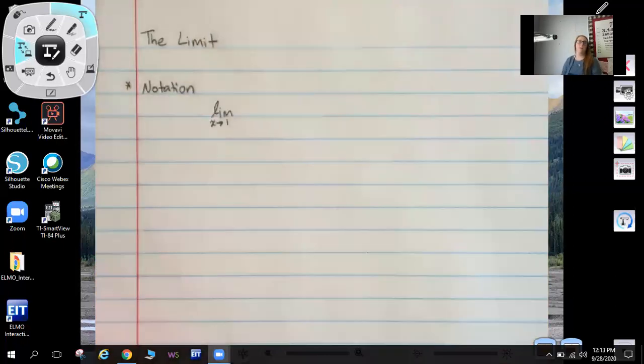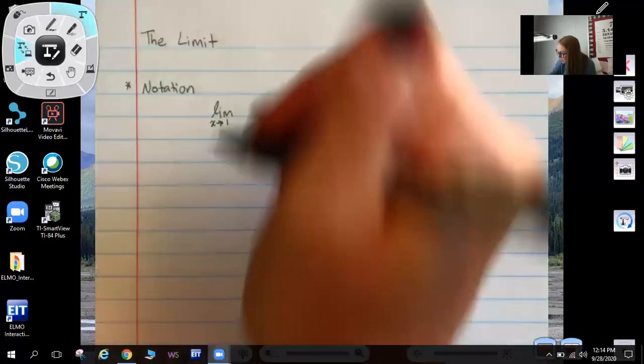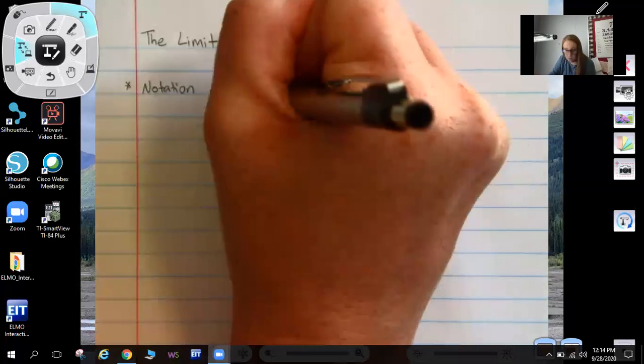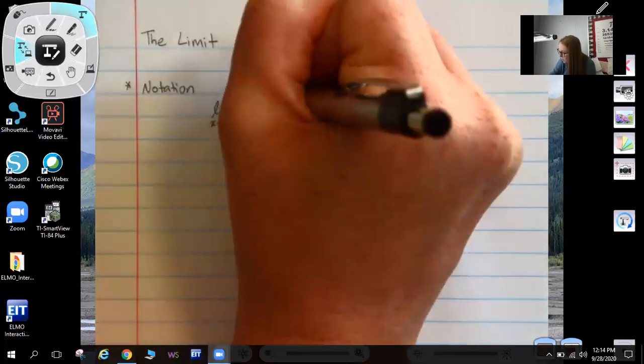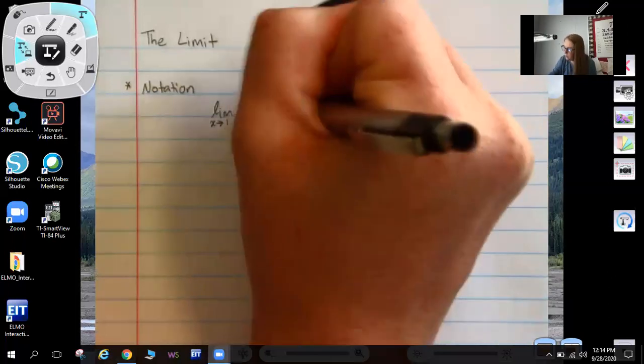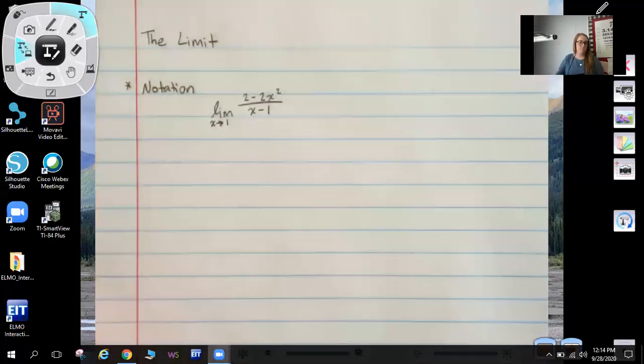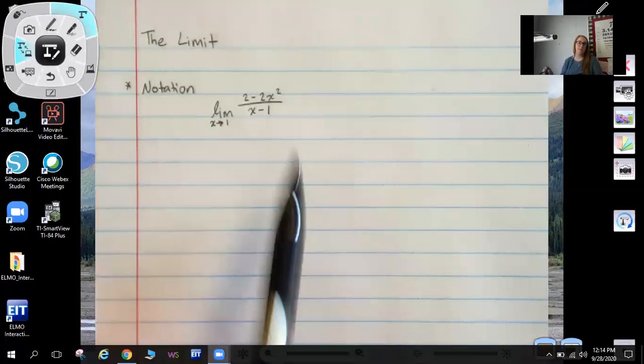So you write limit and then really small underneath, as x approaches 1, so x with the arrow going to 1, of 2 minus 2x squared over x minus 1. So this is what we're going to be given and asked to find this limit.